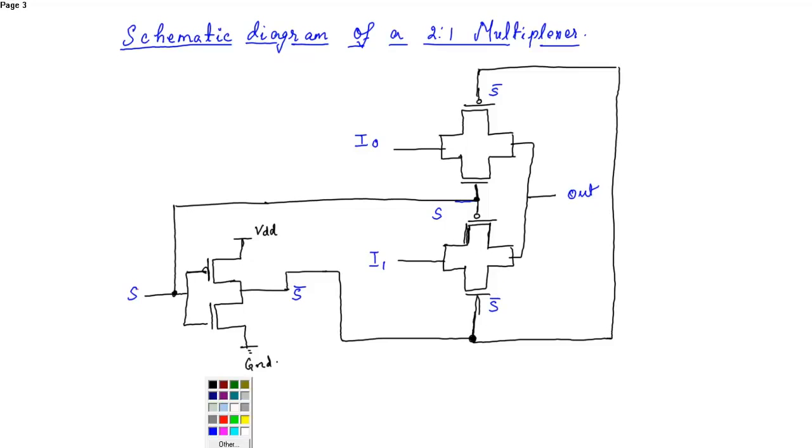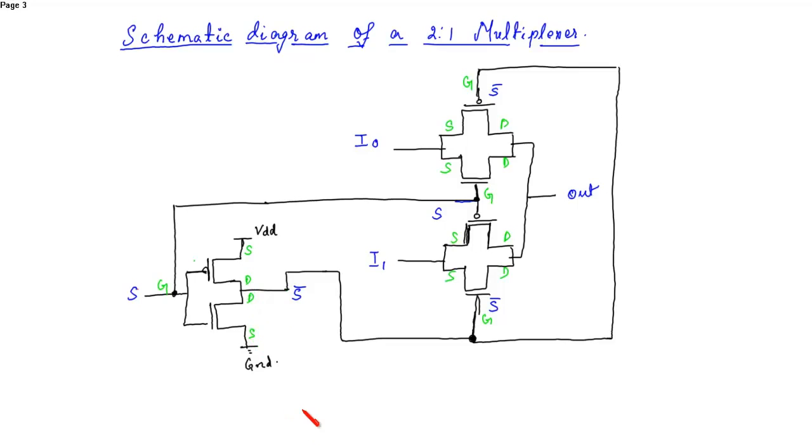We already know the various terminals. This is the gate terminal, this is gate, and these are the source terminals, source and source, drain and drain, source, drain. This is source, drain, and source.